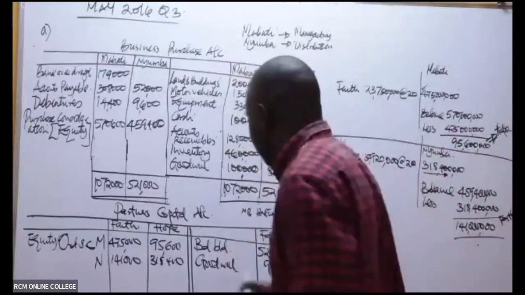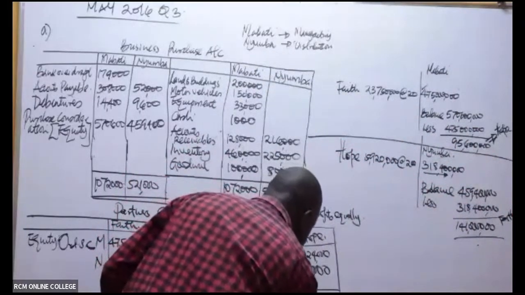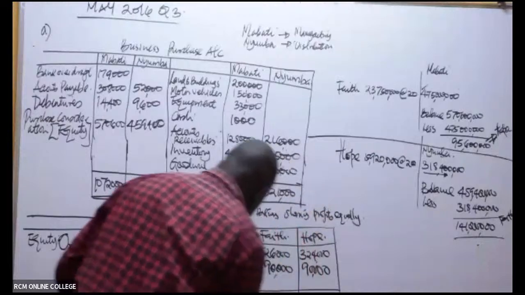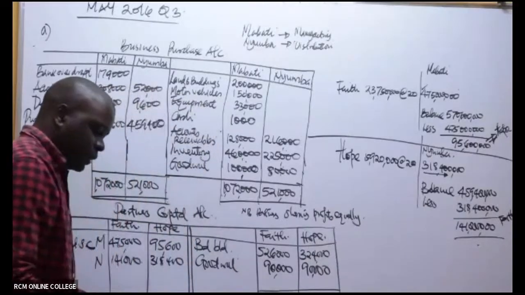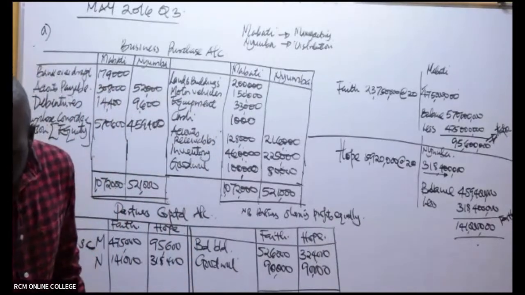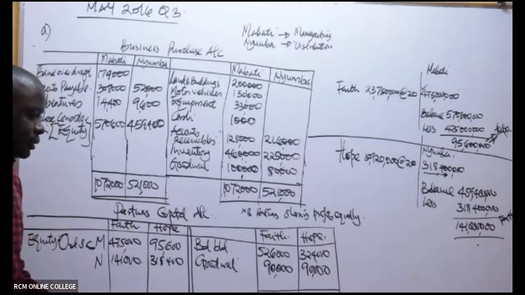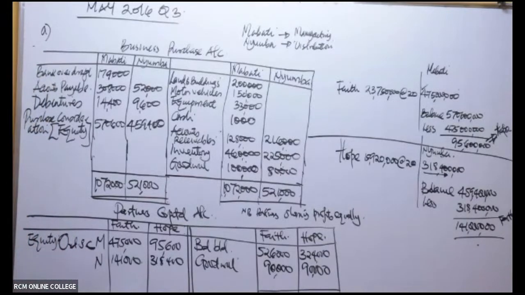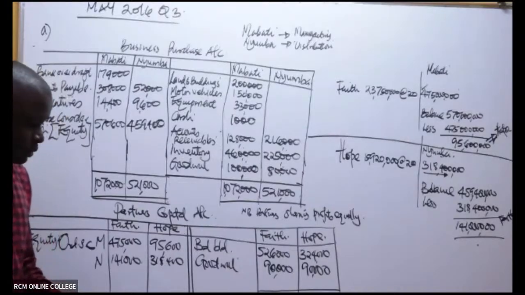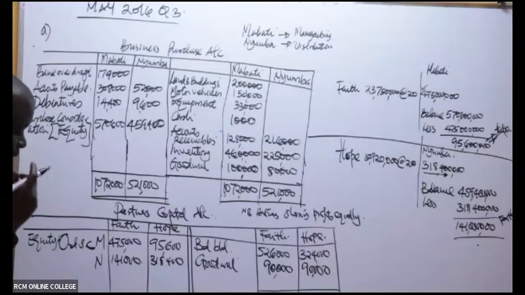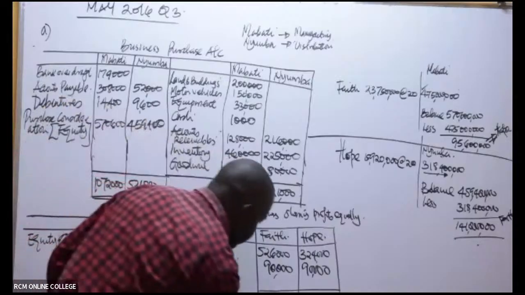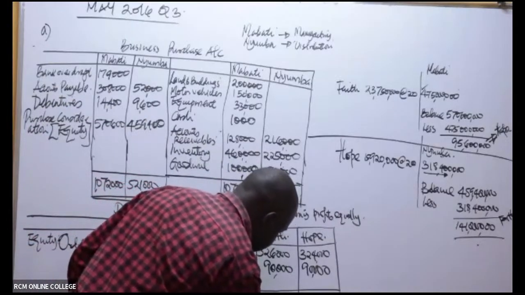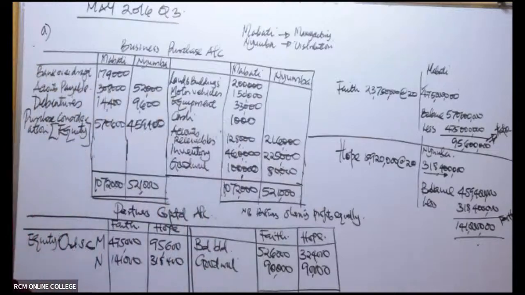Yes, it should be 414 for Hope. What about for Faith? I think you should be able to get something like 616. 616,000.